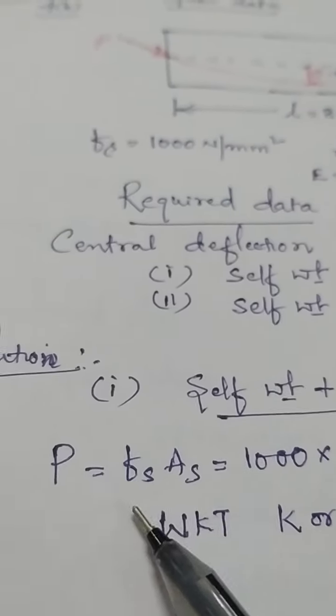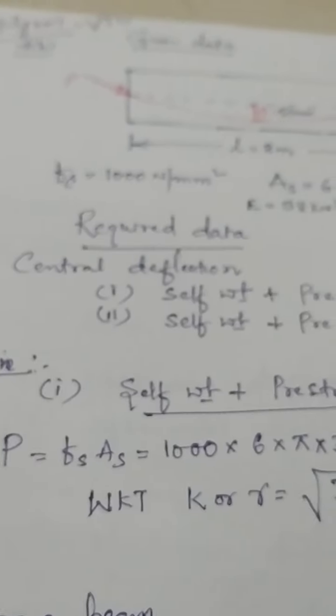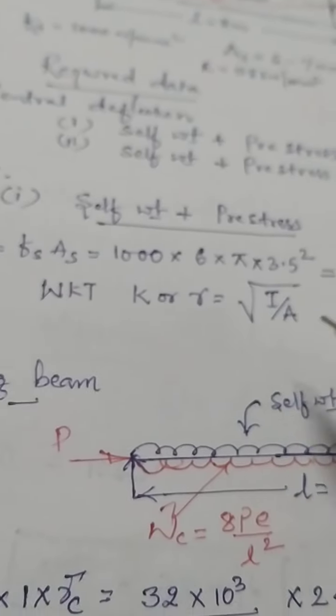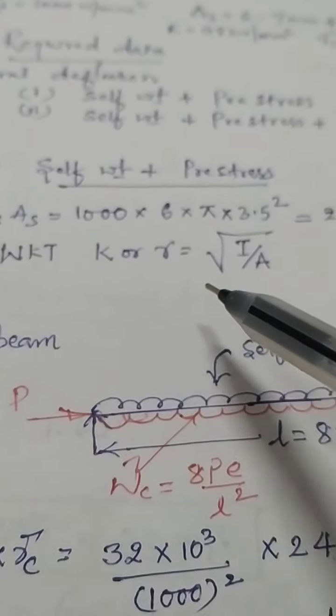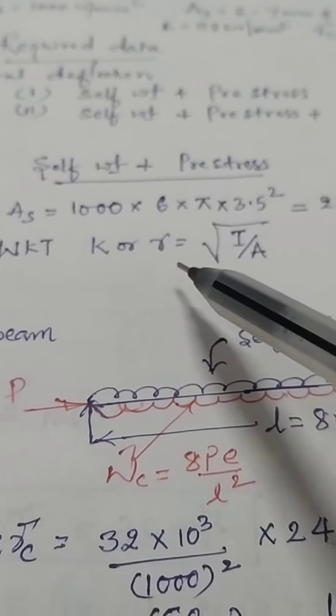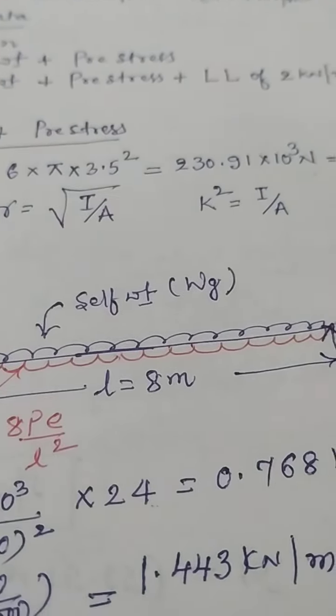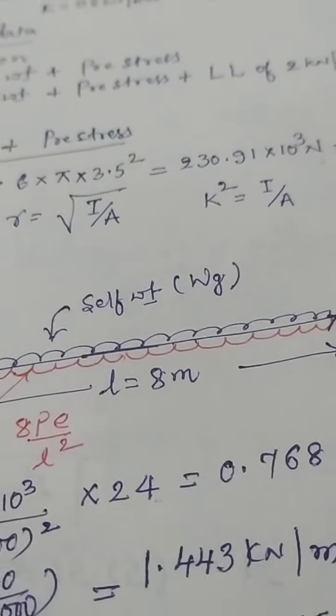See, P is equal to FsAs, you will get it in Newton, that should be converted to kilonewton, this much of P. And I is also calculated separately, we know the formula. Radius of gyration is square root of I by A. K square is I by A, then I is equal to K square into A.